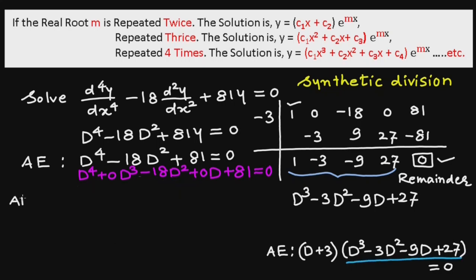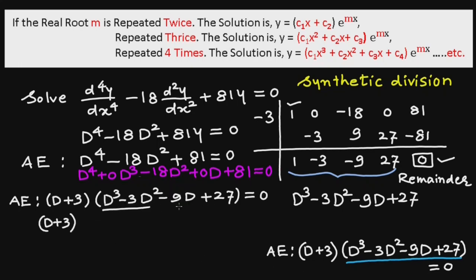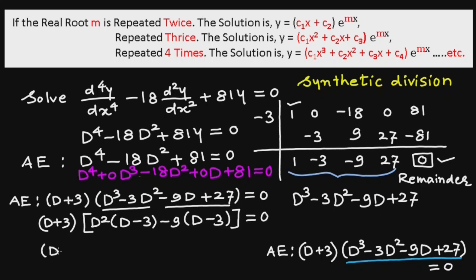Grouping the terms here, taking D square common, D minus 3, taking minus 9 common, D minus 3, we get D plus 3 into D minus 3 into D square minus 9 equals 0.